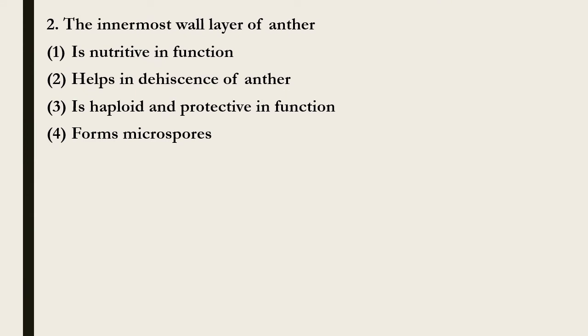Question number 2. The innermost wall layer of anther: option 1, is nutritive in function; 2, helps in dehiscence of anther; 3, is haploid and protective in function; 4, forms microspores. So let's see.